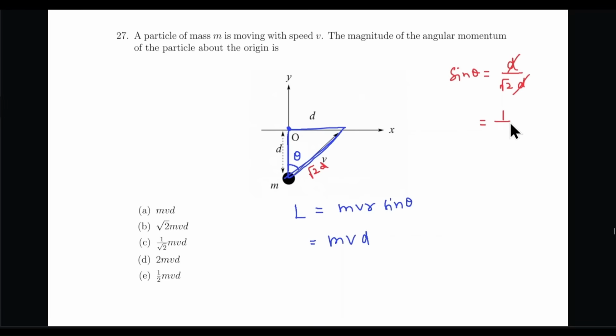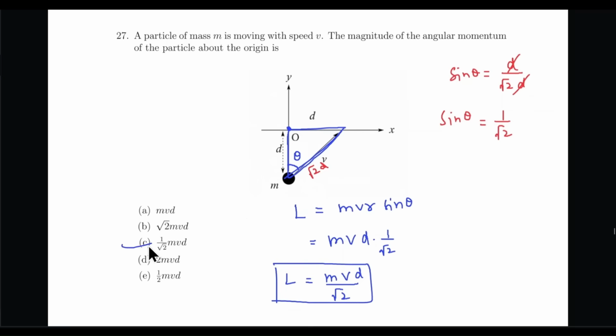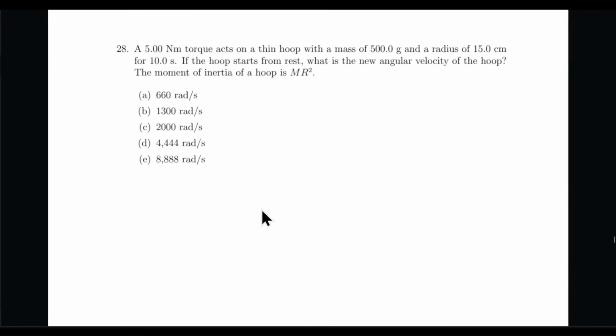So that's going to be 1 over square root of 2. I'm just going to plug that in over here, so that will be mvd over square root of 2, which looks like option C. That should be the best choice. Right, guys, I hope this one makes sense.